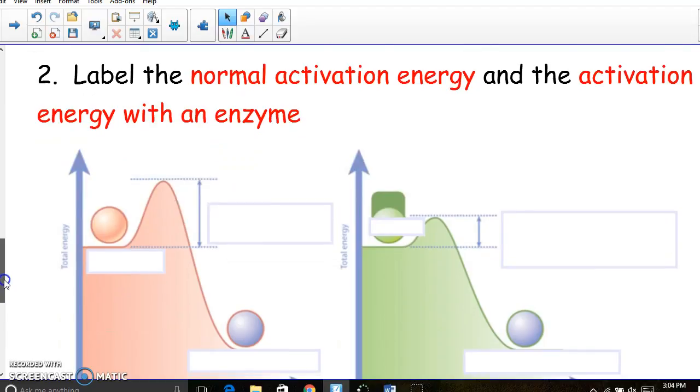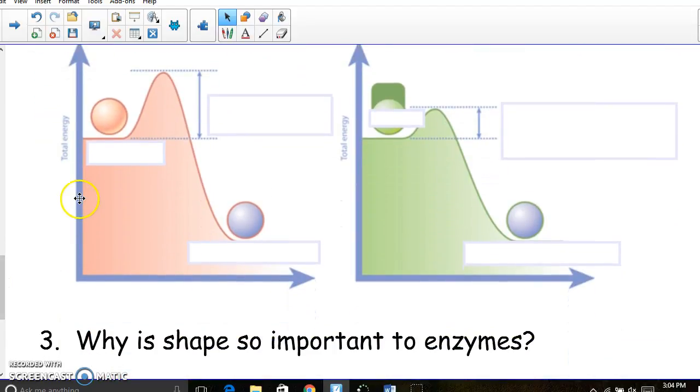On this diagram below, what you needed to label were the reactants and products. So we start with the reactants, we end with the products. The difference between these two is that look at the size of the activation energy here. A lot of activation energy needed. That chemical reaction is not going to happen on its own.